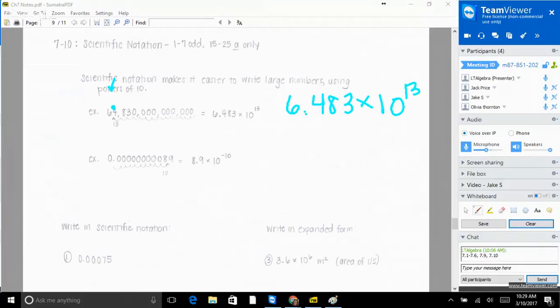The 10 comes from our base 10, just like I was talking about. This is our ones place, this is our tens, our hundreds. Everything is base 10. The 13 comes from how many place values I had to move to get my decimal point. So instead of saying 64 trillion 830 billion, we could say this is 6.483 times 10 to the 13th power.